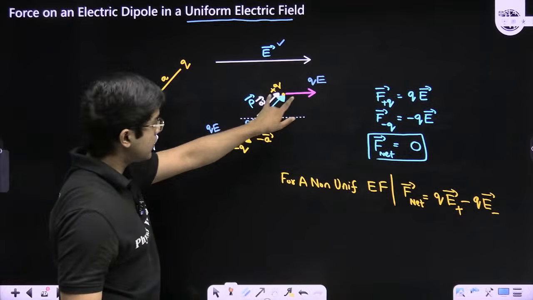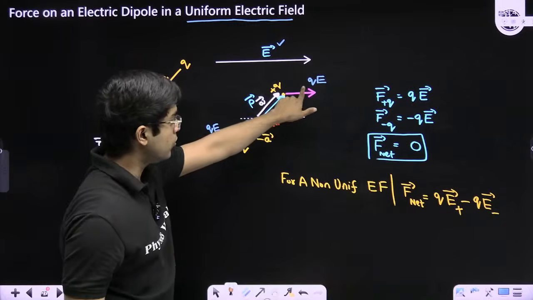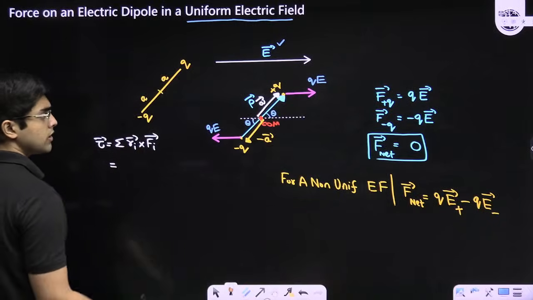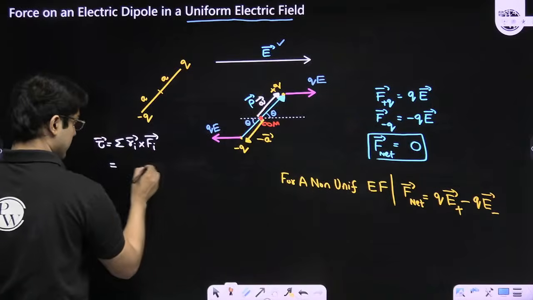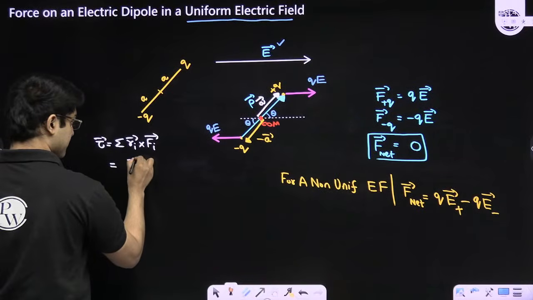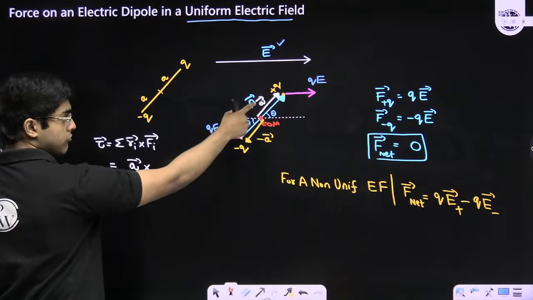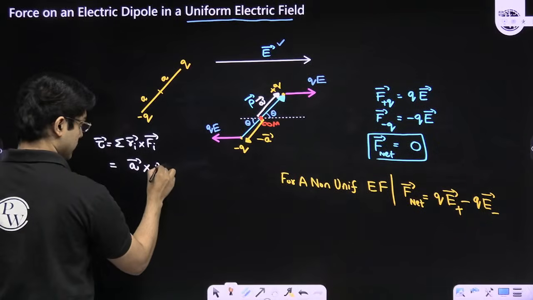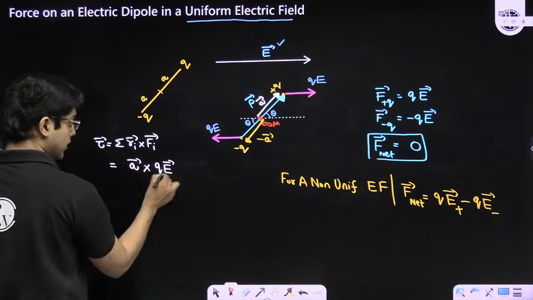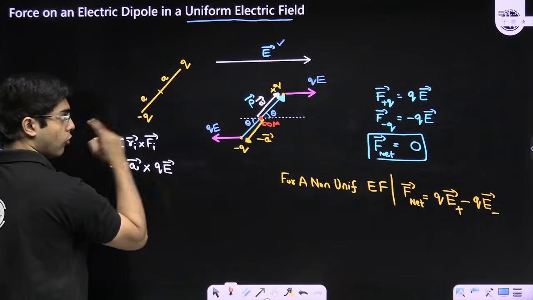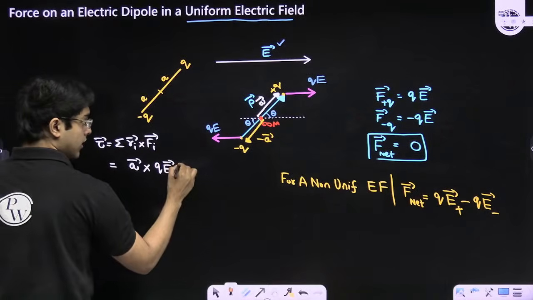First let's write the torque due to this qE acting on the positive charge. r cross F: the position vector is A vector, cross, what is the force vector? q times E vector. You have to write everything in terms of vectors. This is the torque due to the force acting on the plus q charge.